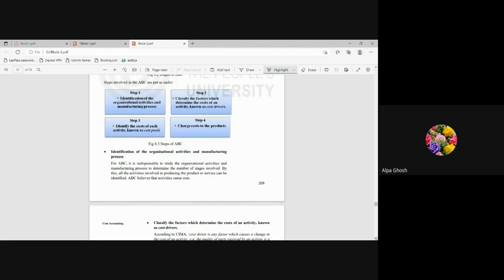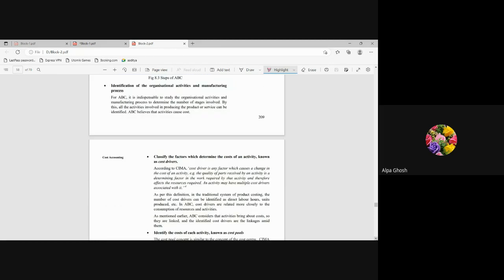How to identify? Identification of the organizational activities and manufacturing process. For this, we need to determine the number of stages involved in that process. The activities involved in producing the product or service can be identified. Activity-based costing believes that activities cause cost.